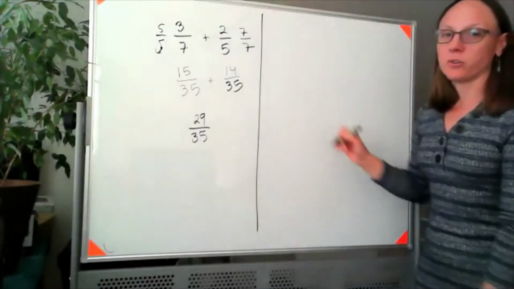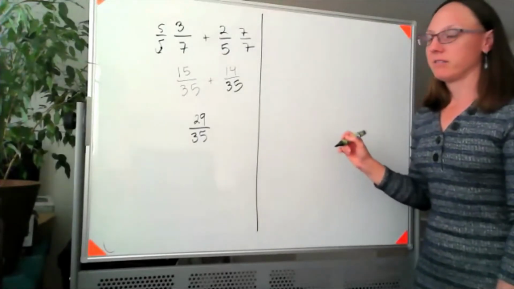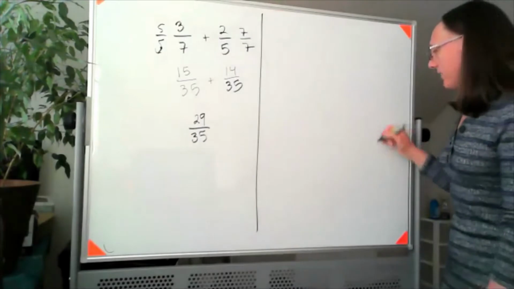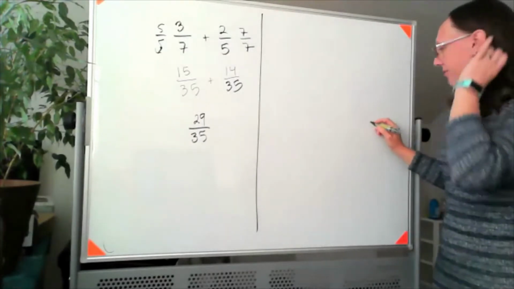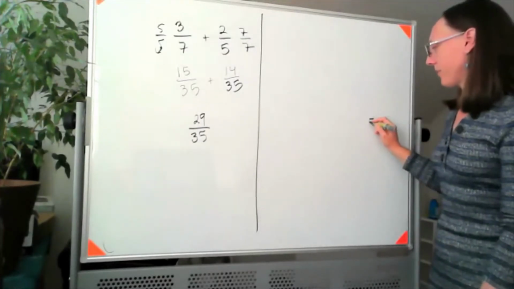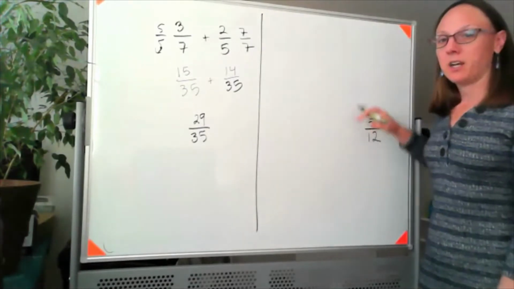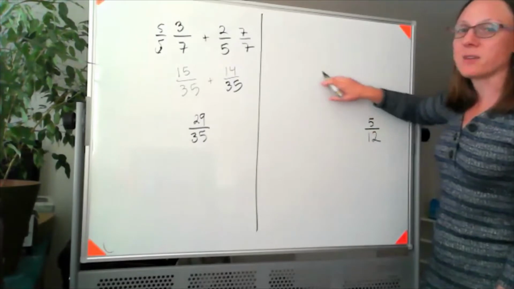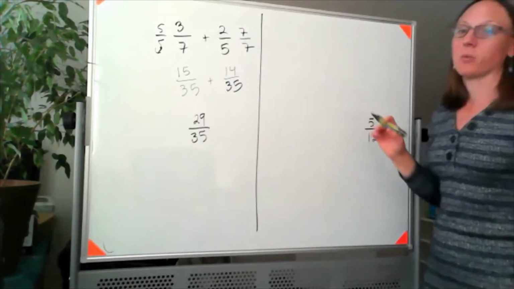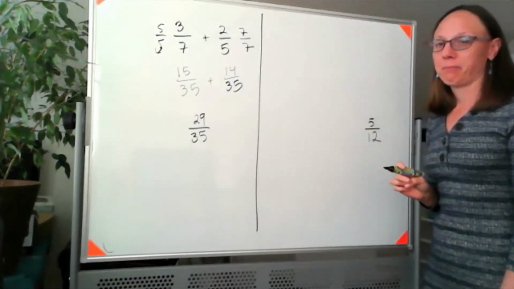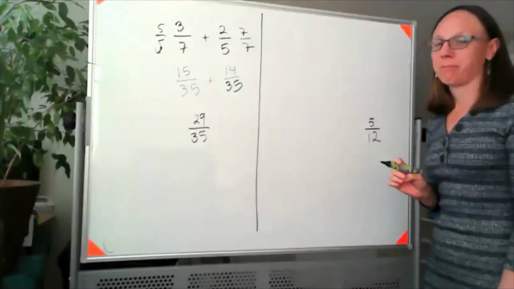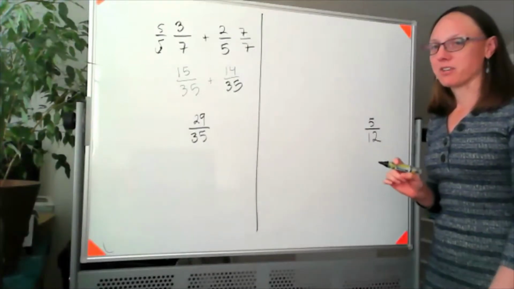suppose that I told you that we got down to a final answer of, I don't know, 5 over 12. What were some possible denominators that we started with? You can type numbers in the chat.